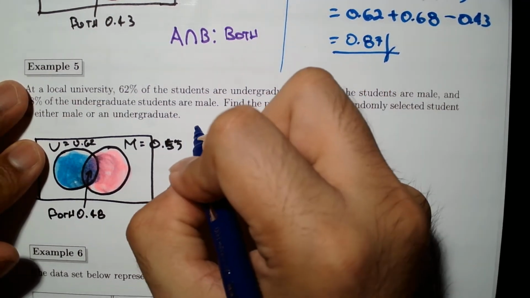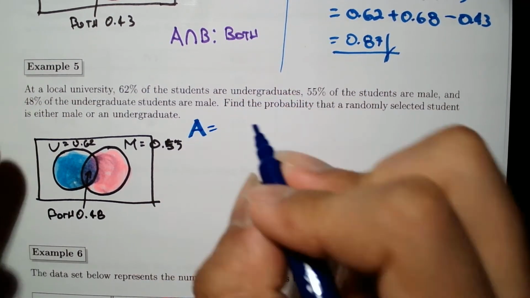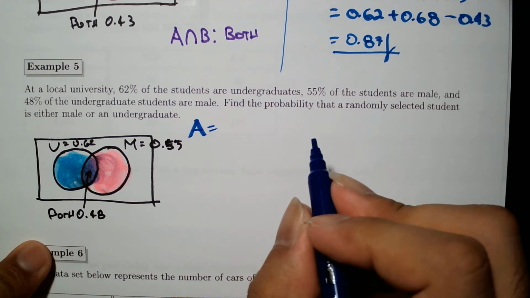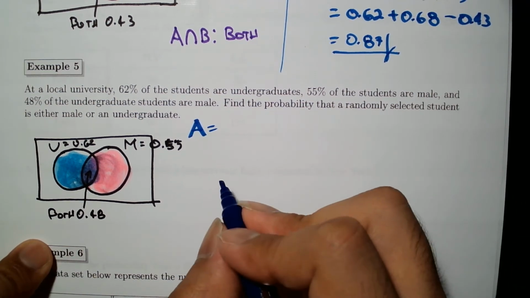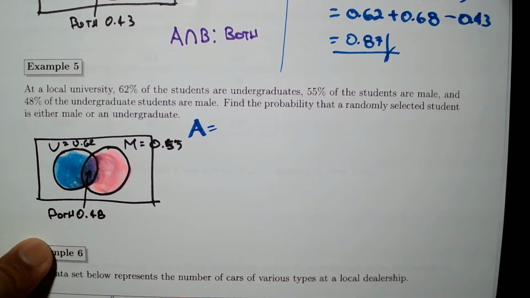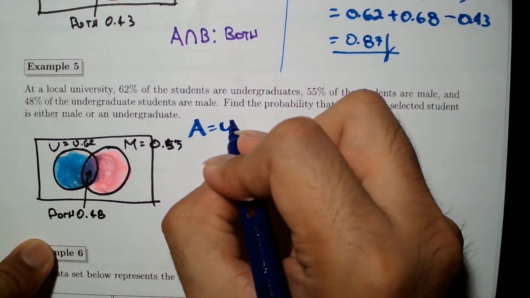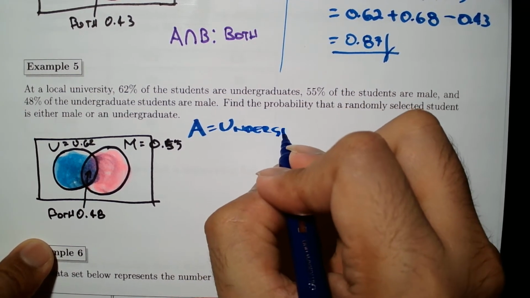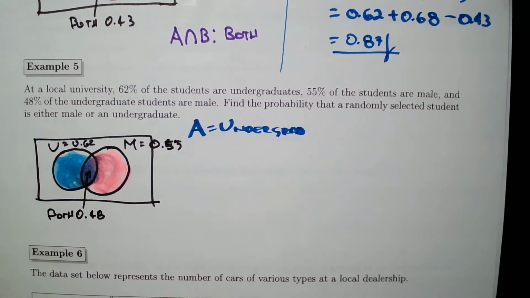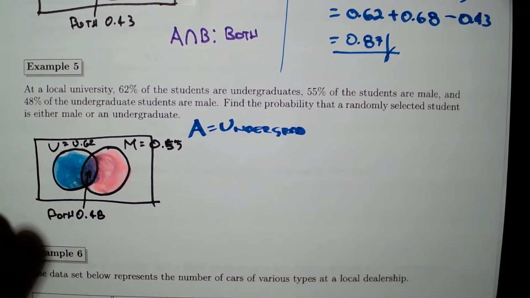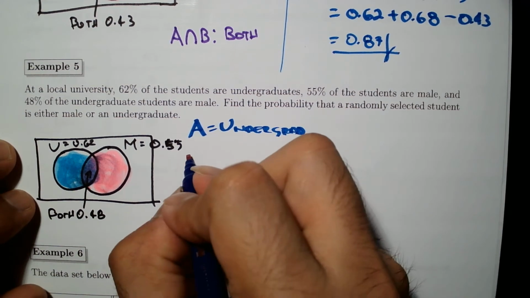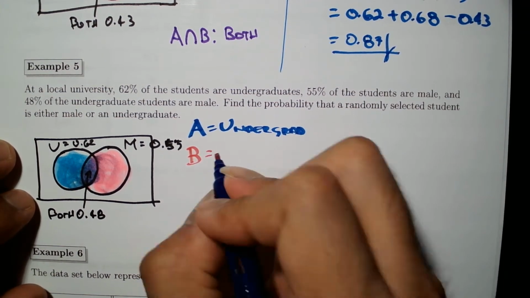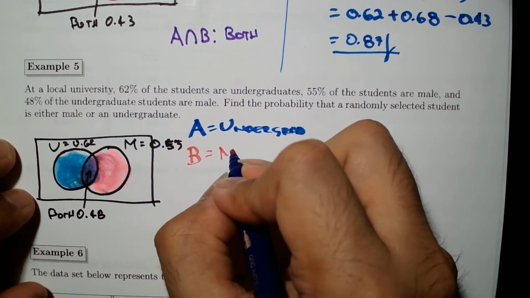So event A, which is the number of students that are undergraduates. Event B will be the number of students that are male.